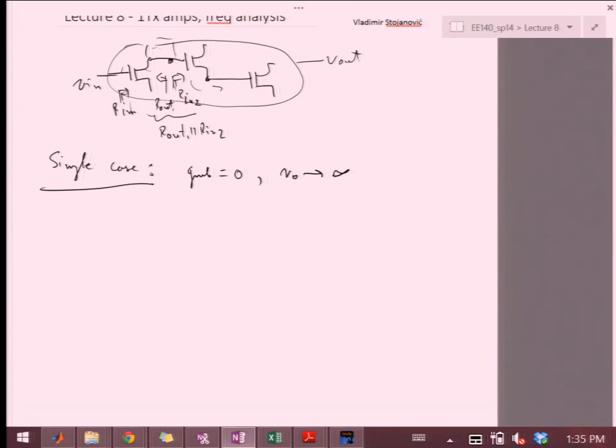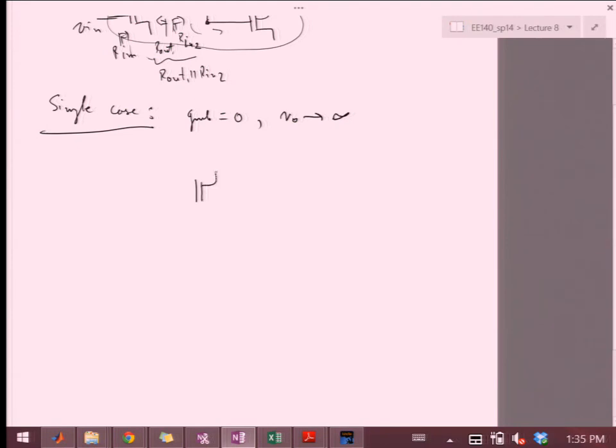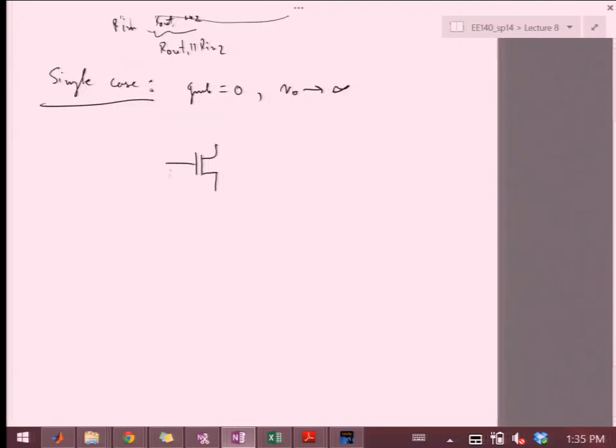And so if you look at the single transistor as an amplifier, you'll essentially have a few expressions that we've already derived. You just have to go back and look at them.